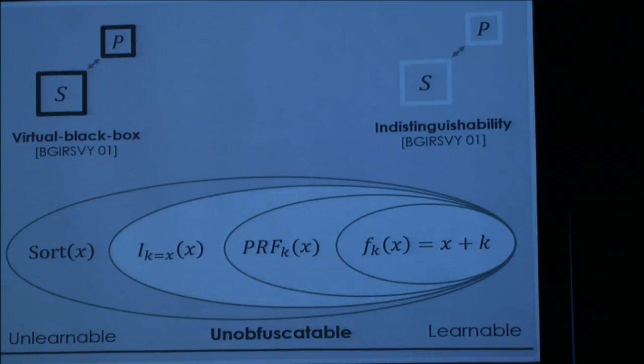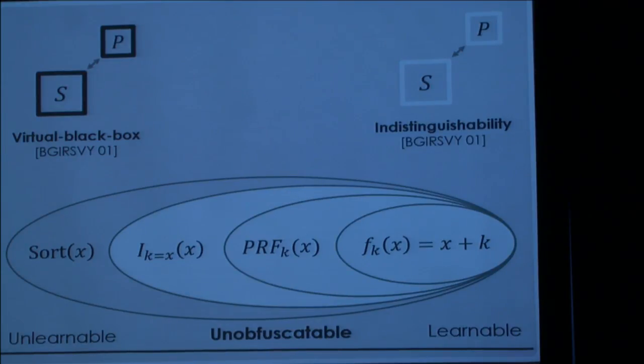So again, if we obfuscate one of these sorting programs that compute exactly the same function, and they also have the same size and the same running time, then given the obfuscation, you won't be able to tell which one of these programs is being obfuscated. Regarding our other examples, these examples can be obfuscated, but again, this obfuscation will be trivial. It doesn't give us any meaningful security because these programs are trivially learnable by an unbounded simulator.